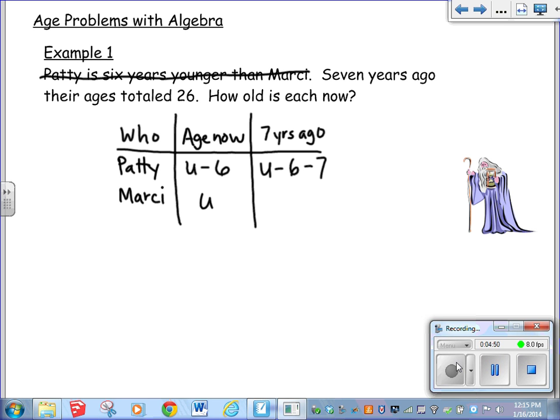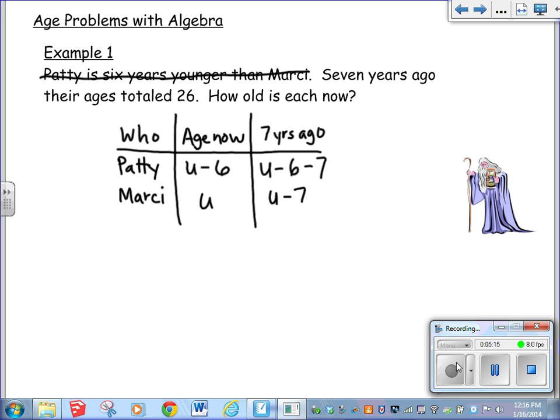For purposes of notes, so kids understand, I'm writing it that way. What would be the expression for Marcy 7 years ago? Jack? U minus 7. So this 7 years ago column, you can get just based on what their age is now and how many years ago or in the future it is.